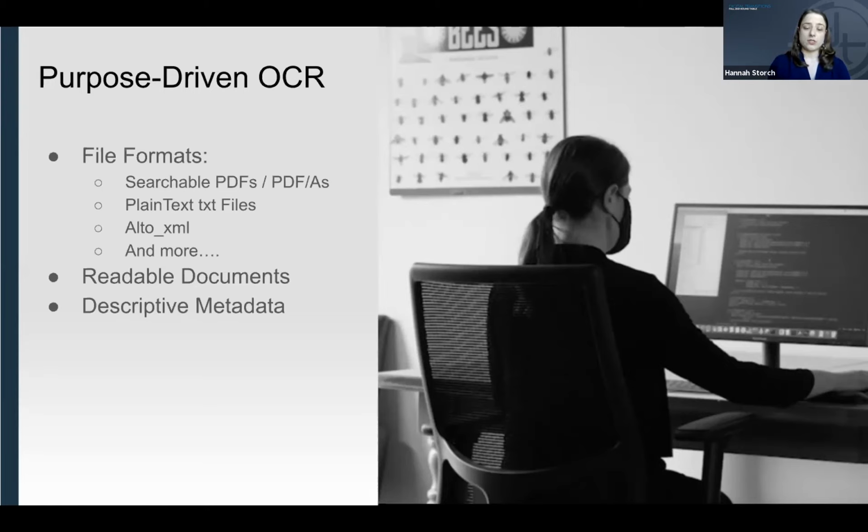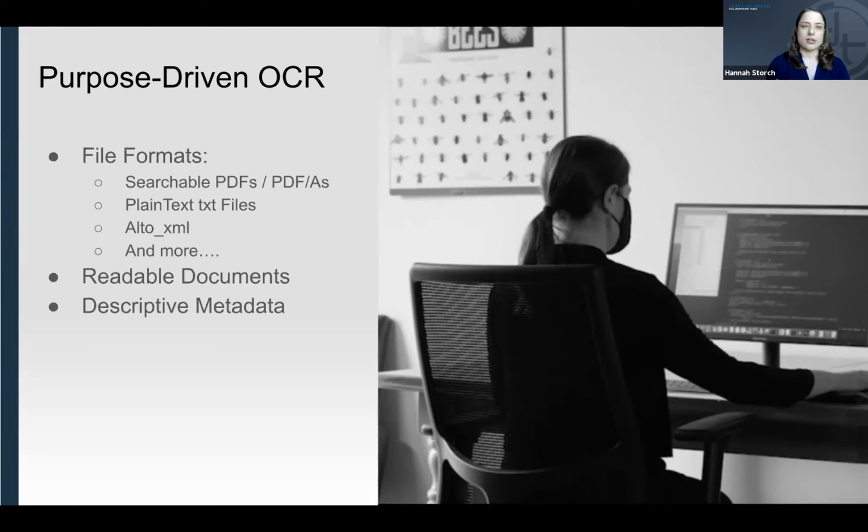When you're conducting OCR, your choice of file format often depends on the needs of your institution. So a searchable PDF provides context as the text is overlaid over the page, whereas a plain TXT file, like we saw in those last examples, is essentially a transcription of the document, but it doesn't have that same contextualization.